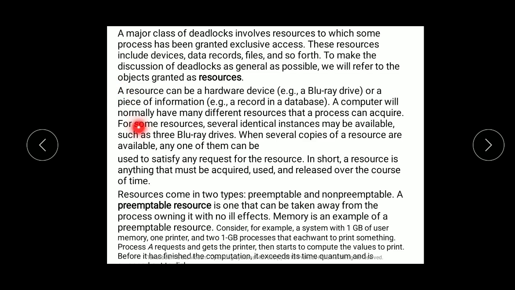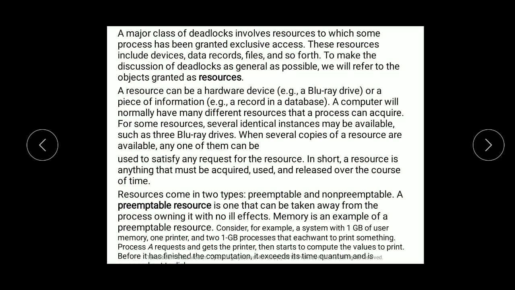So, what does this whole paragraph mean? A resource can be a hard drive, or it can be a piece of information. That resource generally does not only mean your input and output device, it can be anything available to complete your task. If there is only one, there should be resource sharing.